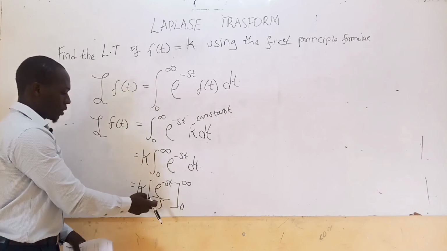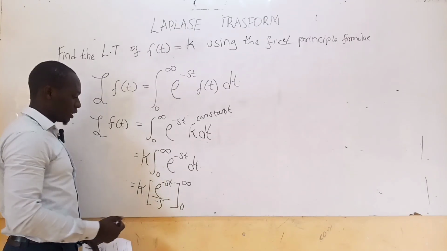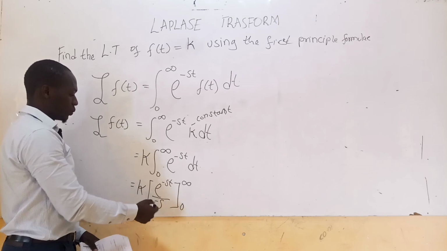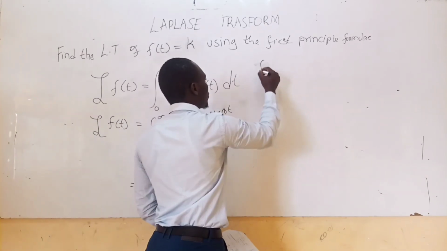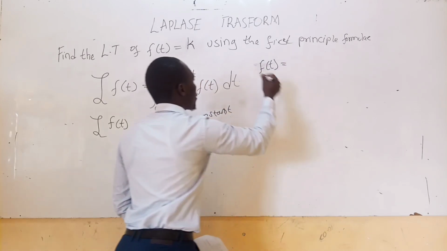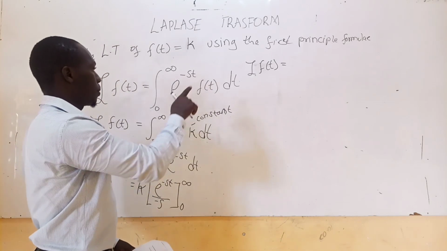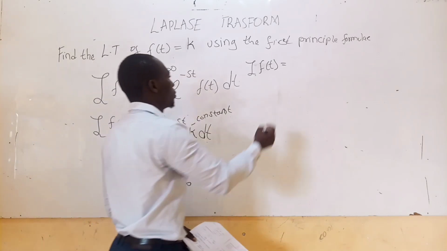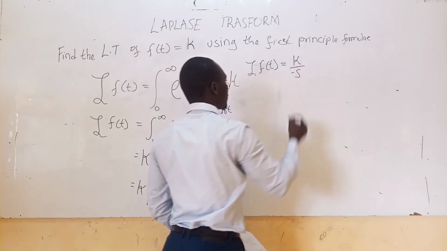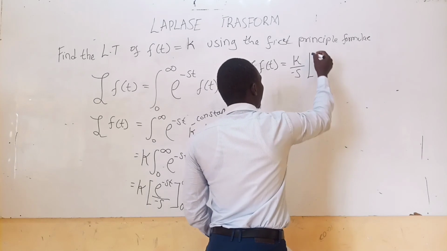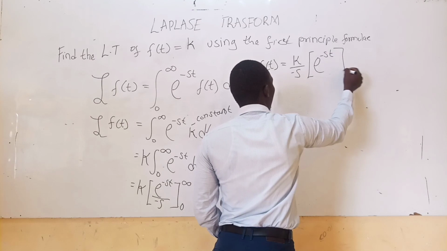Now from here, we are going to factor out s because it is not a term of t. By factoring out s, the Laplace transform of a function f of t will be equal to k over negative s times exponential negative st.